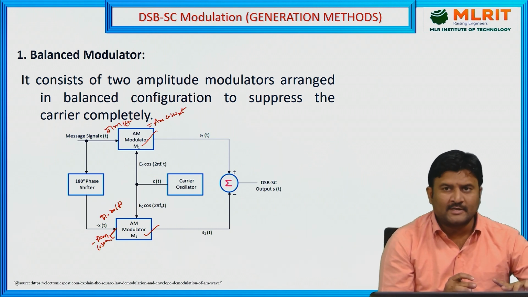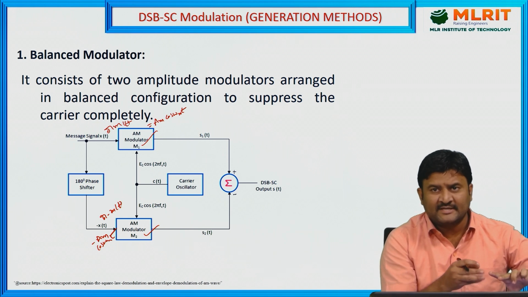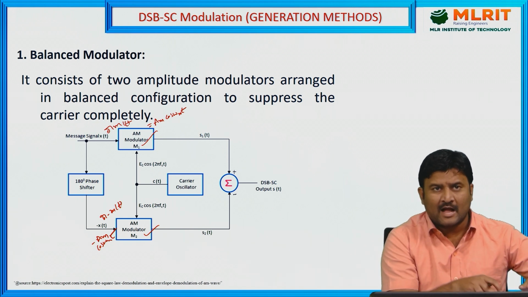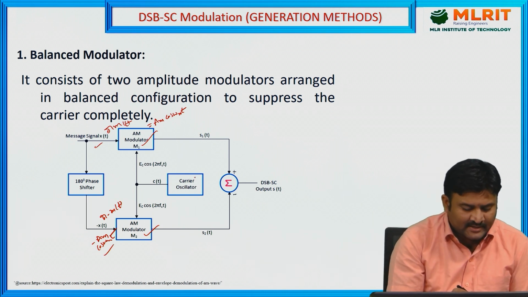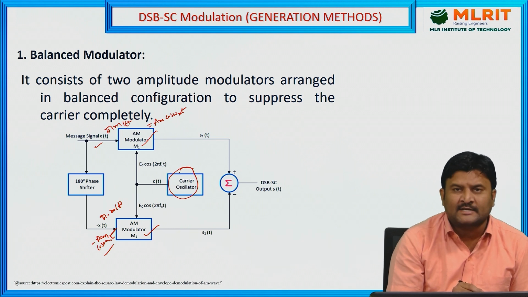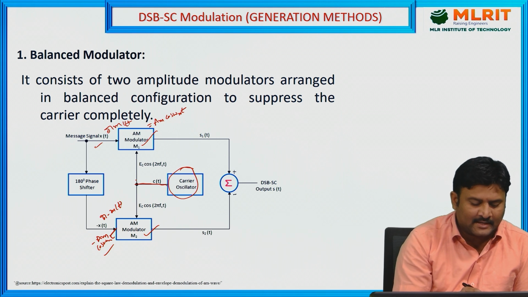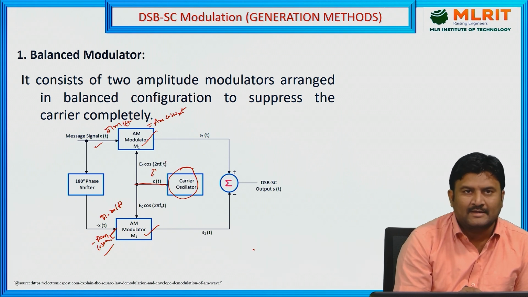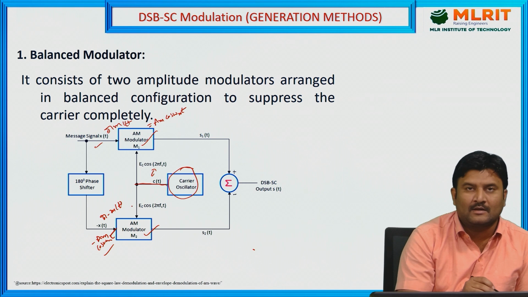For these two modulators, we know very well that the inputs of the DSB-SC need the message signal as well as the carrier. The message signals are already given on this side and this side. The carrier should be given here. The carrier oscillator or local oscillator generates the high frequency signal called the carrier, which gives c(t). Mathematically, c(t) is Ec cos 2 pi fc t or Ac cos 2 pi fc t, where Ac or Ec is the amplitude of the carrier signal given to the modulators.